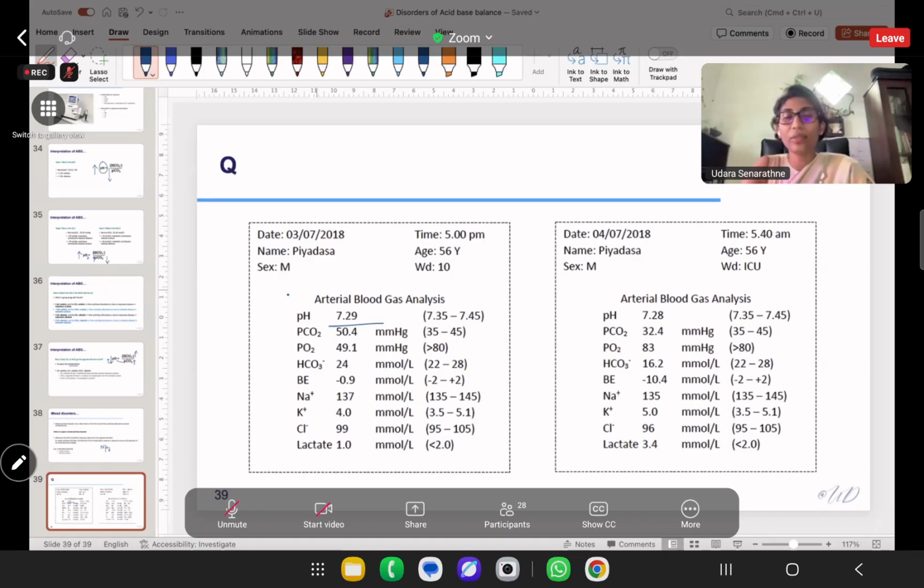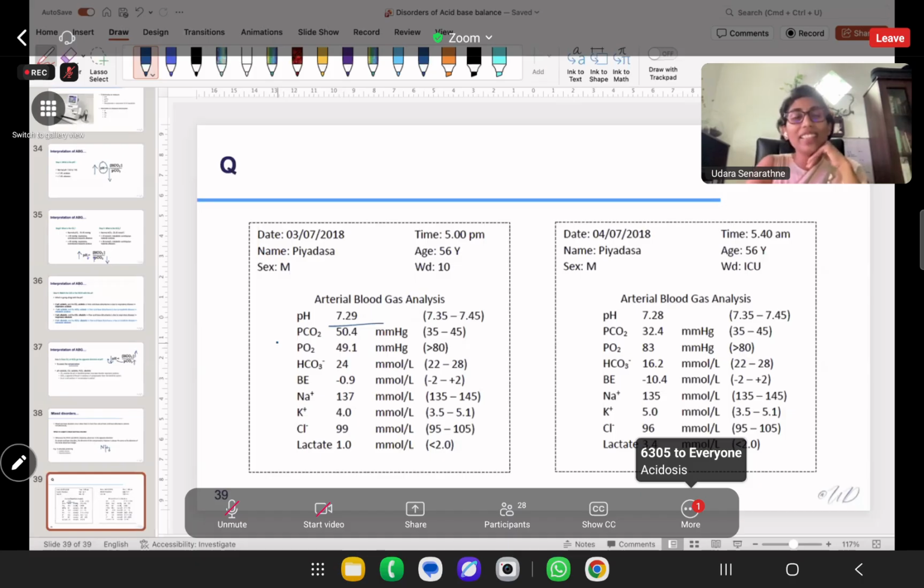Has the pH increased or decreased? Decreased. Good. If the pH is decreased, is it acidosis or alkalosis? Very good. It is acidosis.